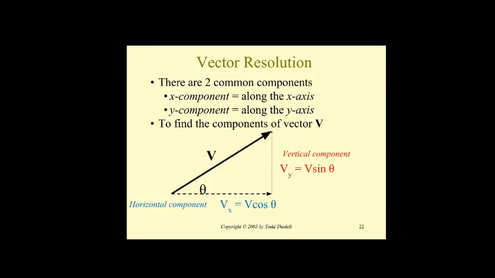The x component, which is referred to as the horizontal component, is found by multiplying the magnitude of the given vector times the cosine of the angle within the triangle also. So very convenient, fairly easy to find.